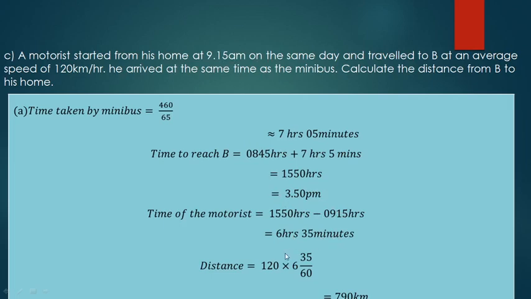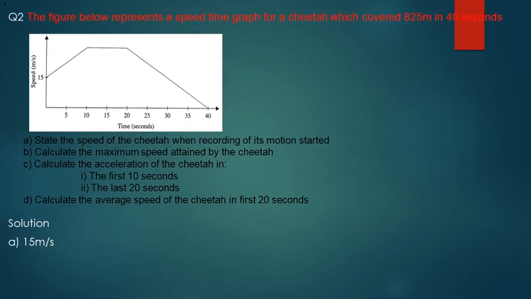So the distance from B to the place where the motorist started from is the speed of the motorist, which is 120 kilometers per hour times the 6 hours and 35 minutes, which gives you 790 kilometers. That is the distance from the motorist's home to town B.